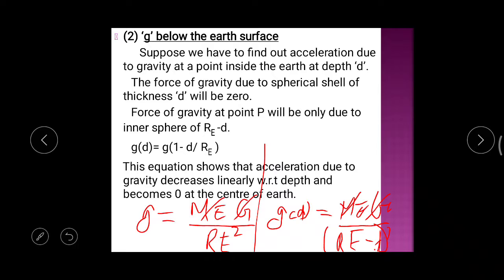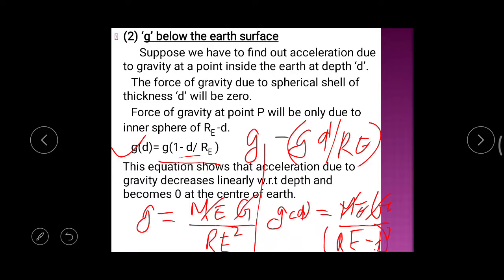By solving, you will get the relation that g of d, that means the gravitational acceleration at a point at a depth d inside the earth, will be equal to g into (1 - d by R_E). As you are opening the bracket, you will obtain g minus g d divided by R_E. So g minus a positive number, where all the values are positive, means g_d will be less than g.